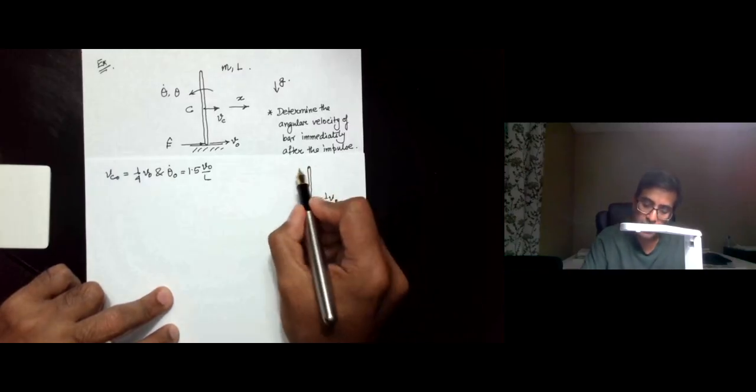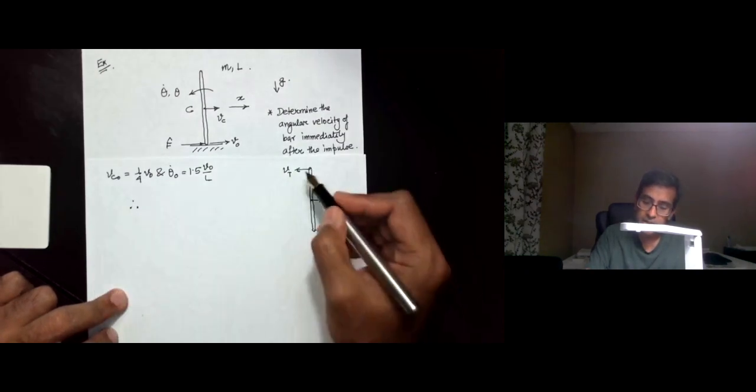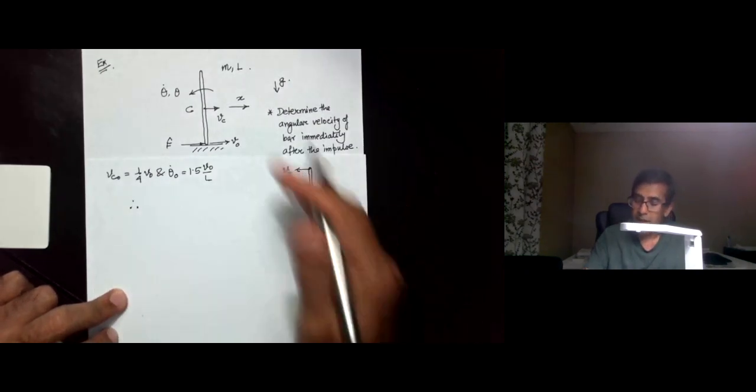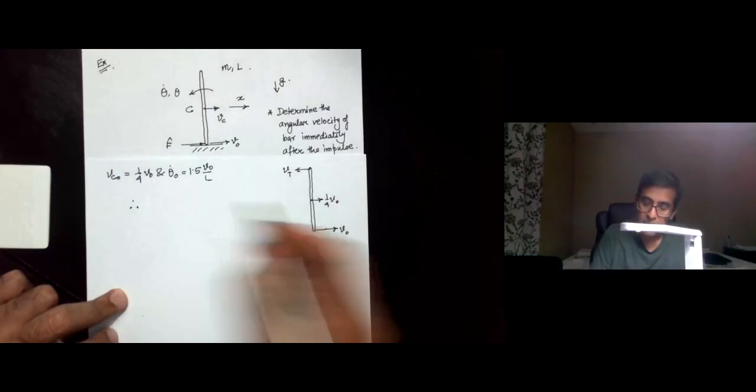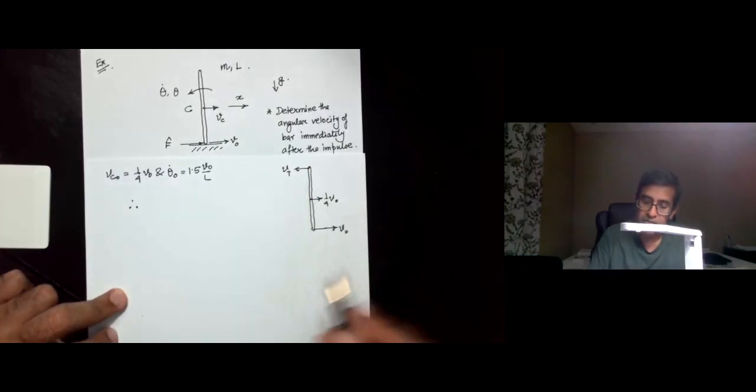So at the top, let's call that velocity vt, and I'm deliberately showing it in the other direction, because as you will see, indeed the velocity at the top is going to be in the reverse direction. The way to find the velocity at the top is to use similar triangles, because these two points are equidistant from the center.